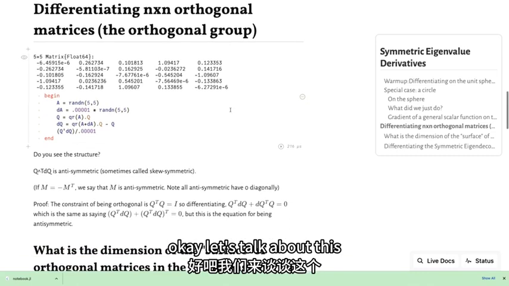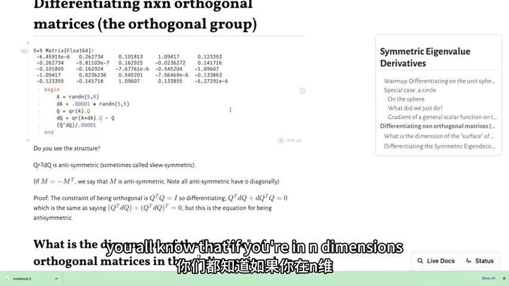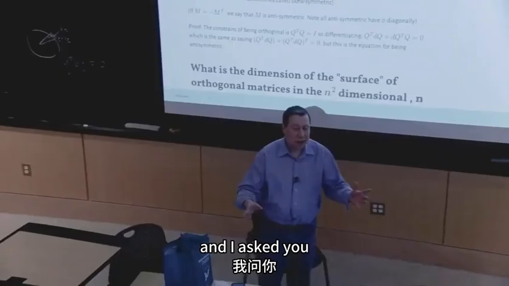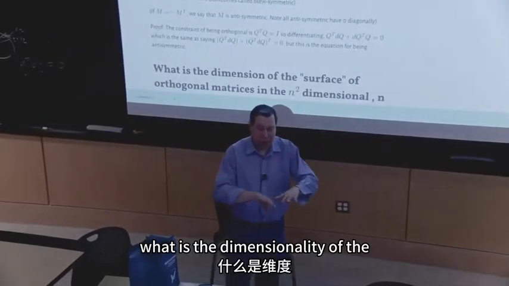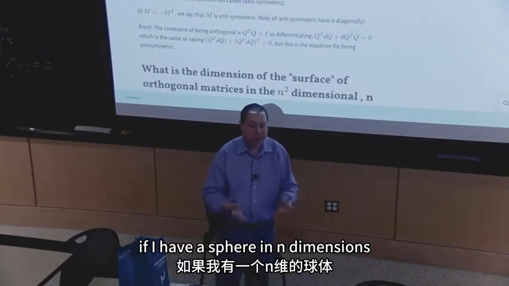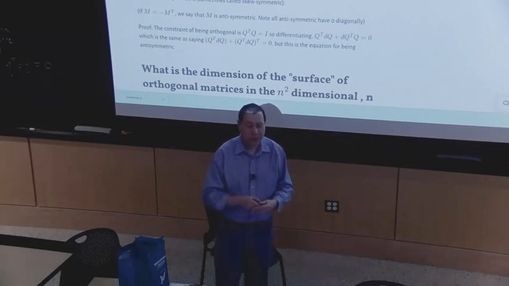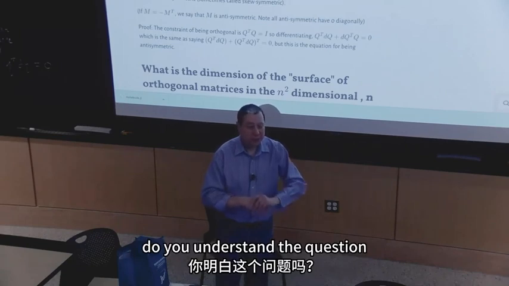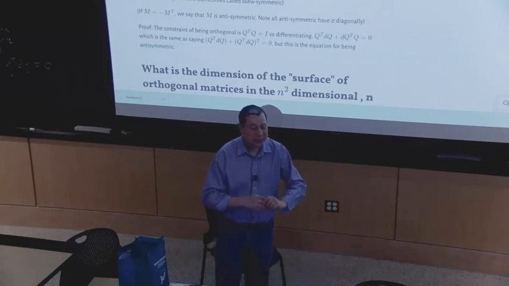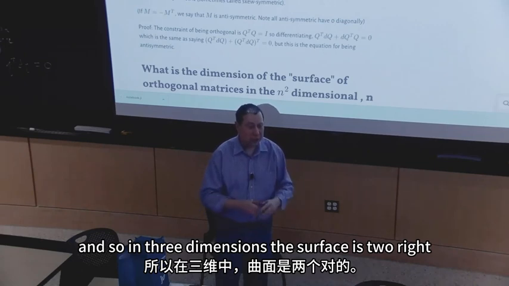Okay? Let's talk about this. You all know that if you're in n dimensions, and I asked you, what is the dimensionality of this? Let's talk about the sphere first. If I have a sphere in n dimensions, what is the dimensionality of the sphere itself? Do you understand the question? Yeah, the surface of the sphere, and so in 3 dimensions, the surface is 2.